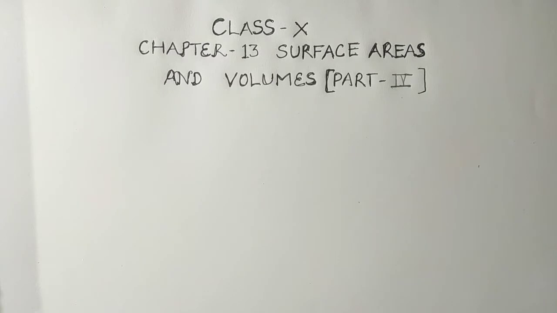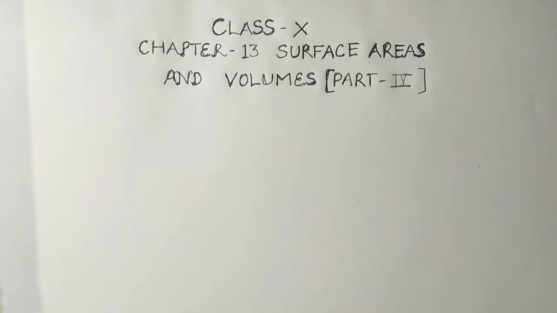Students, in the previous parts, that is in part 1, we have covered the introduction of this chapter. There we have studied all the formulae related to the solids: cube, cuboid, cylinder, cone, hollow cylinder, sphere, hemisphere.